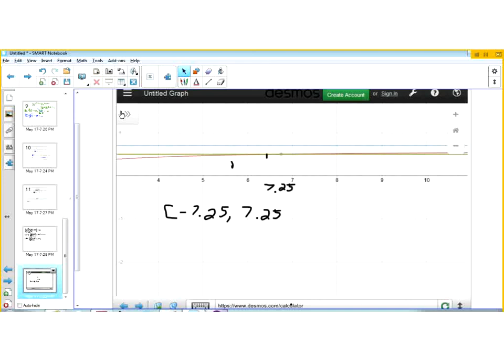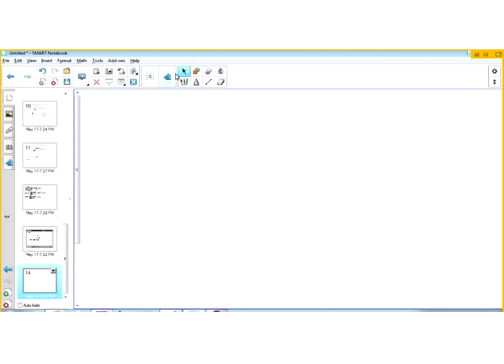All right. So let's do a proof involving infinity. So we want to prove, using the definitions of infinity, that the limit as x approaches infinity of 1 over x is equal to 0.